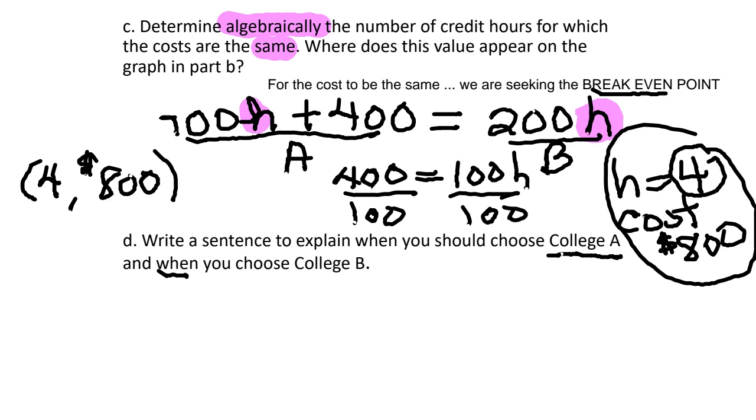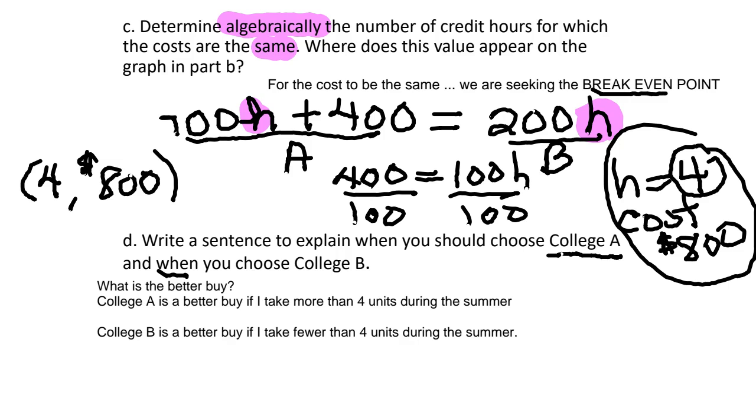College B is a better buy if I take fewer than 4 units during the summer. We are talking about the better buy in this question. What is the better buy?